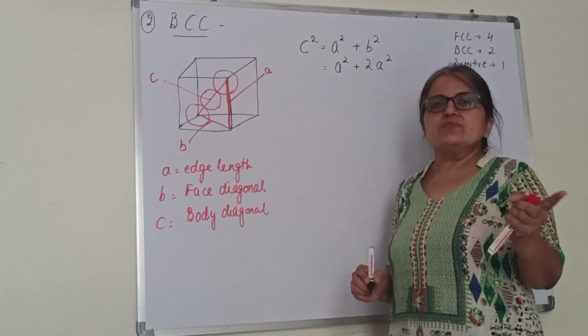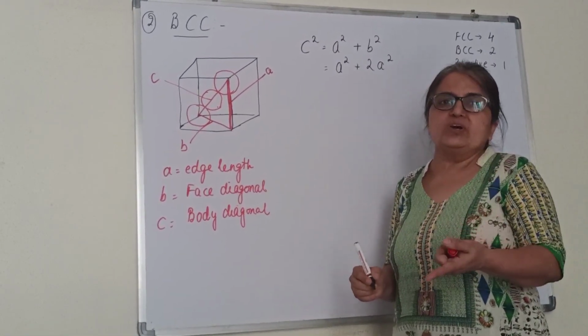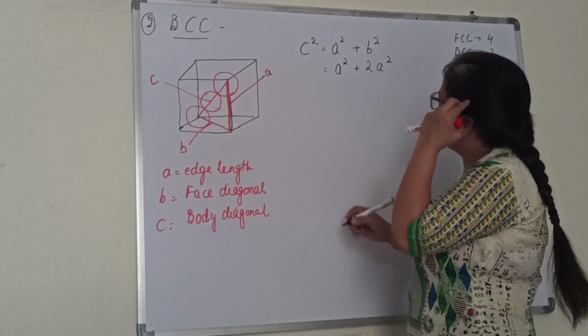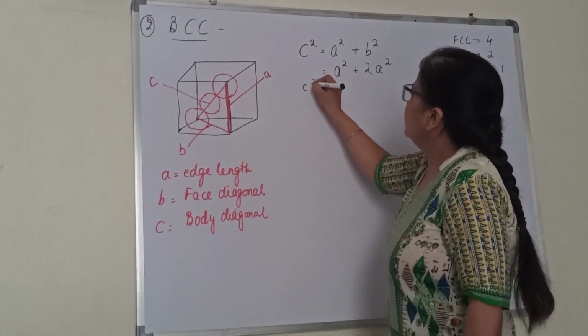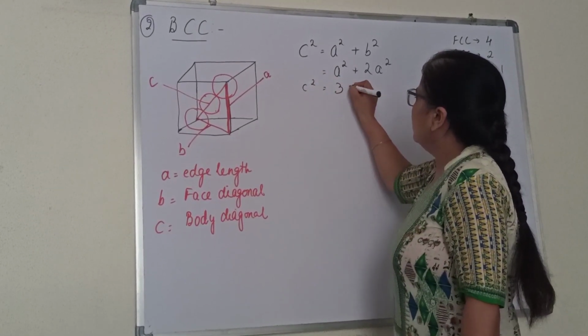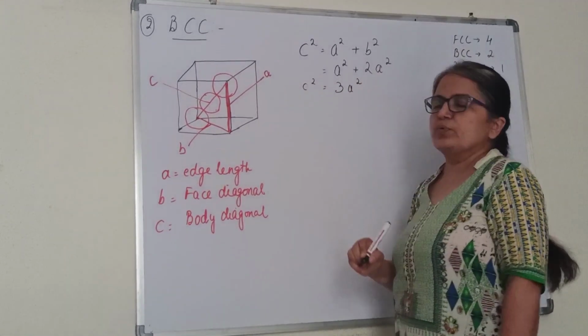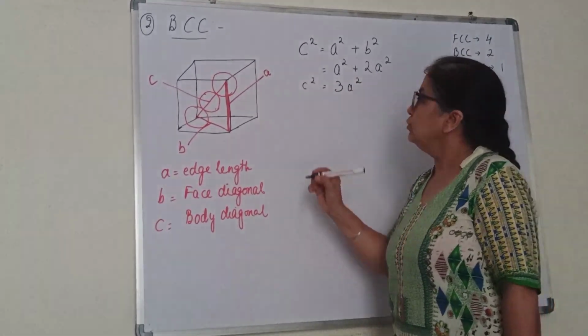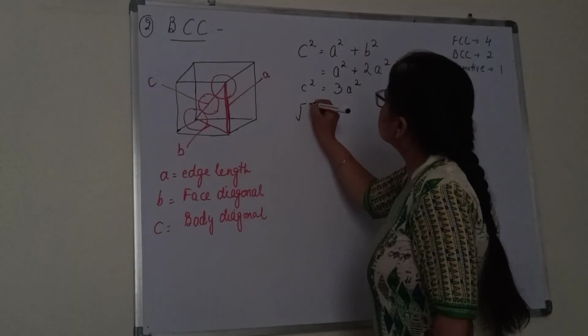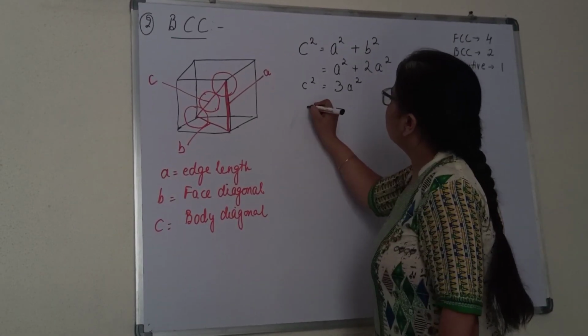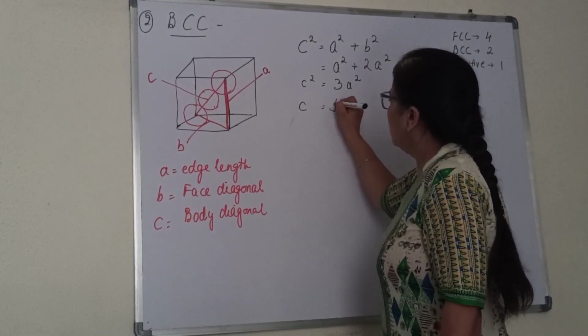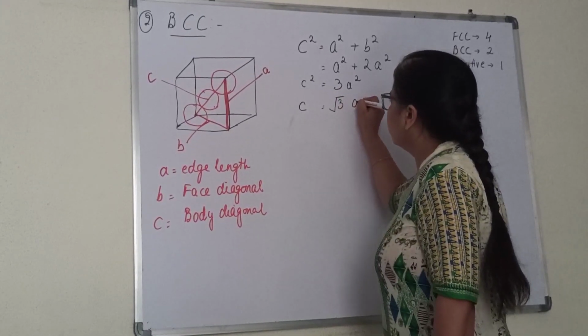So we can write like that. C square is equal to 3a square. I'll take the root of it. Root of this we can write as c is equal to root 3 a.